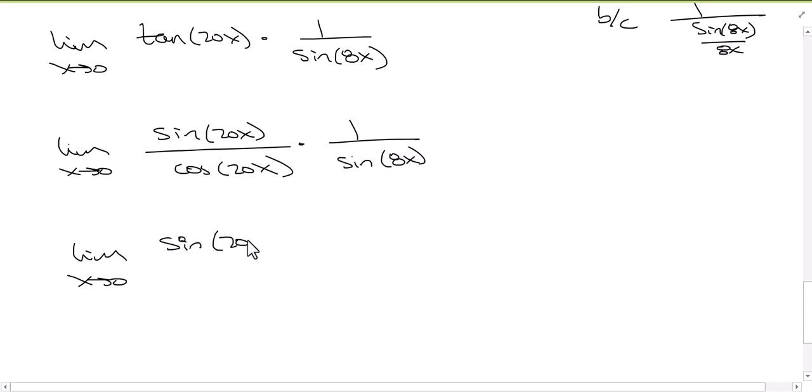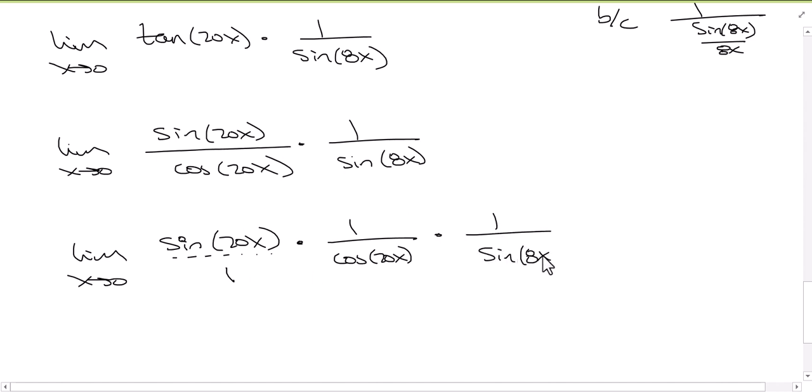So I'm going to split up the sine of 20x over cosine. It's going to be times 1 over cosine of 20x. Do you agree that these are the same? Numerator times numerator, there's an invisible 1 here, denominator times denominator, times I still have my 1 over sine of 8x.